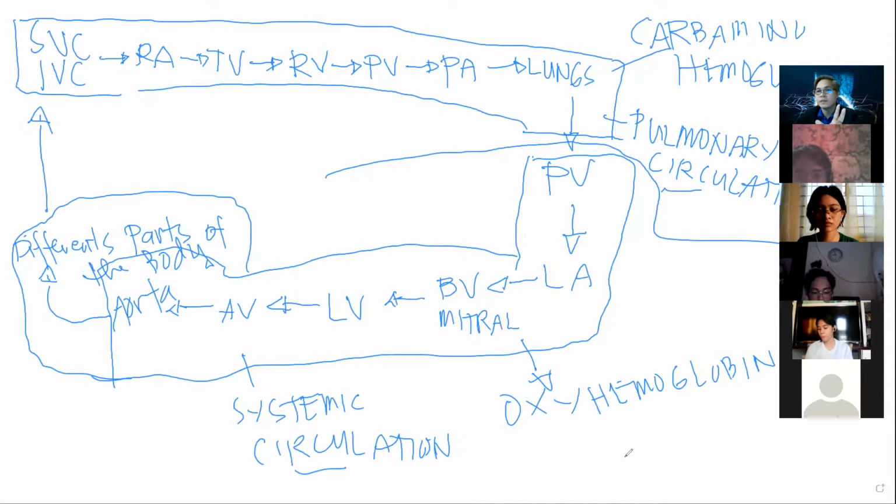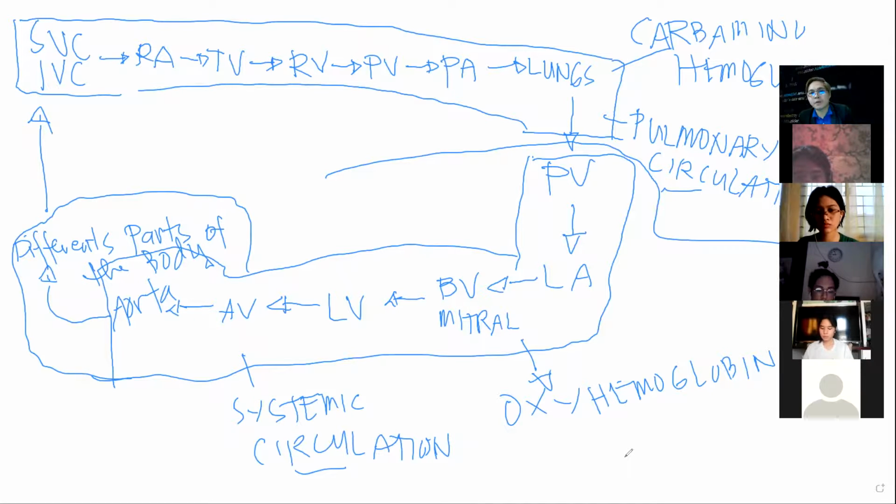Pulmo. That's in the lungs. After which the blood will return to the heart. Once the blood returns to the heart, it will now start the systemic circulation, because it is now carrying oxygenated blood or oxyhemoglobin.